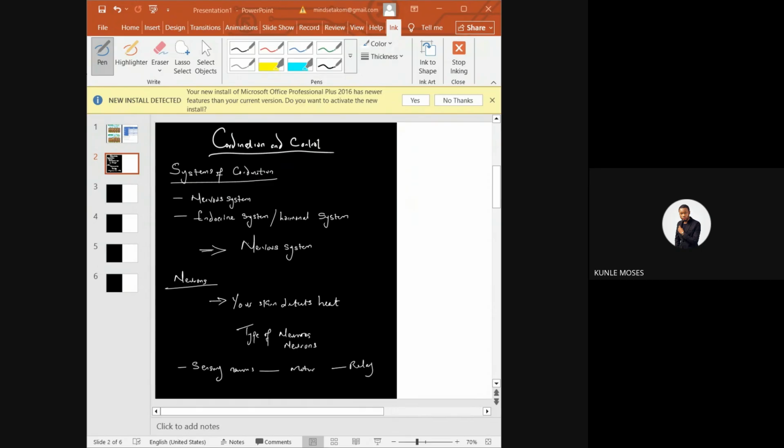Immediately the relay neuron will quickly connect to the motor neuron and say, this is what the brain is asking you to do. So the motor neurons will activate a response. For example, it can activate the hand muscles. It will tell your hand to guide what is being thrown at you, and before you know it, you quickly raise your hand to guide.